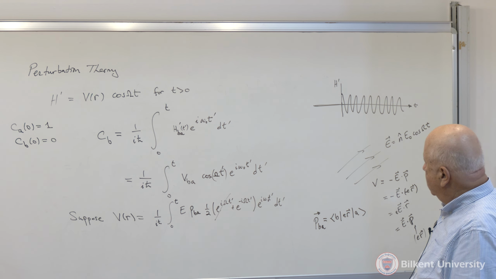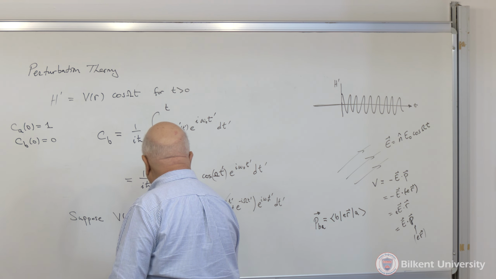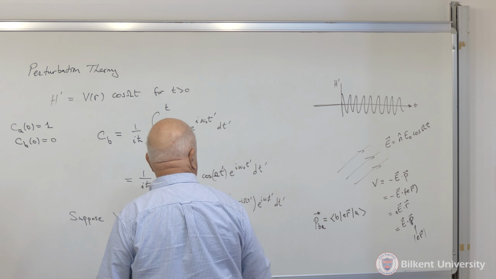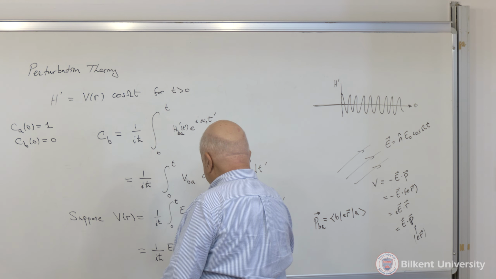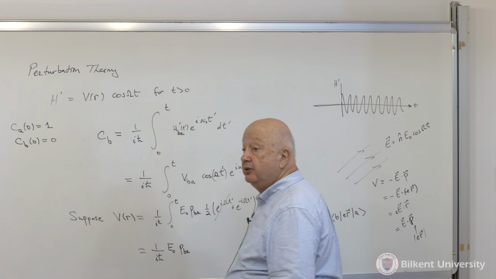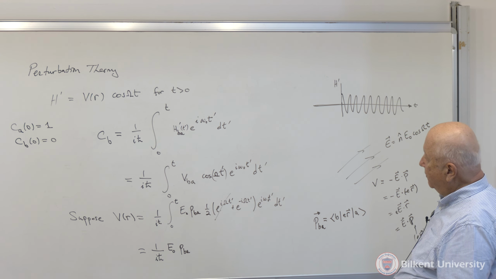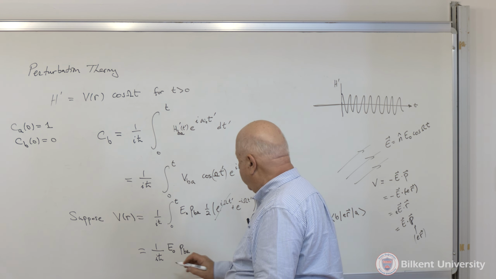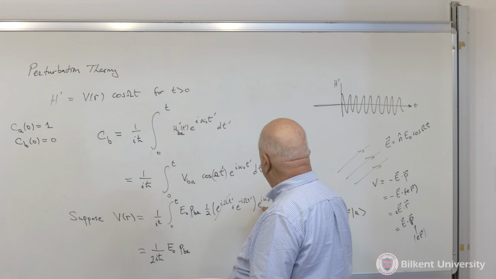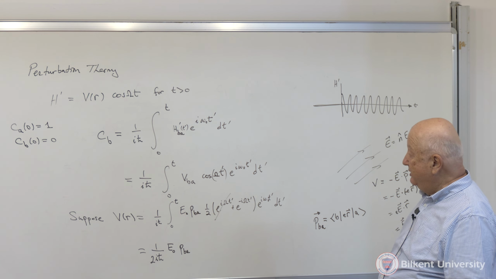All right. So what does that give me? That gives me 1 over i h bar, the magnitude of the electric field. Let me call it E0 because I called it E0 over there. And P_BA, which is again the matrix element associated with V. Then I have 1/2, so let me pull that 2 over there, and the integral of e to the i omega 0 minus omega from 0 to t.